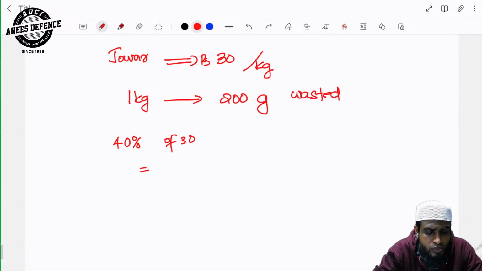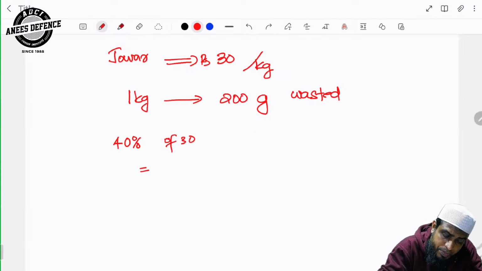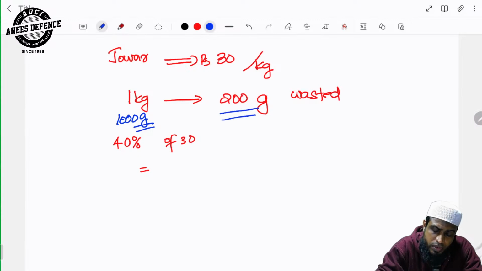A trader buys jowar at rupees 30 per kilogram. 20% of the grain gets wasted. He plans to sell the remaining grain so that he makes 40% overall profit. So 1000 gram, 1 kilogram is 1000 gram, 200 gram is wasted.